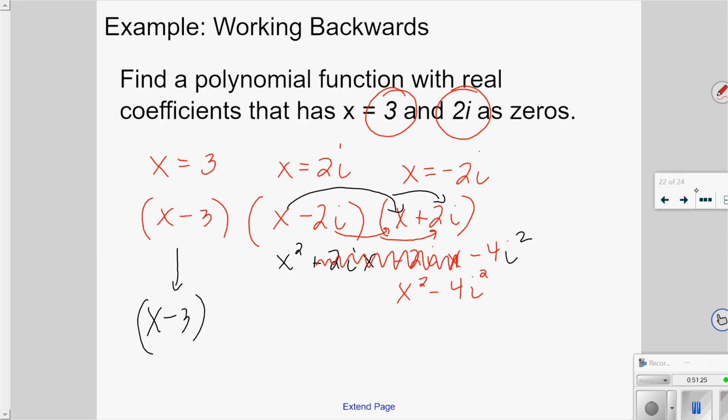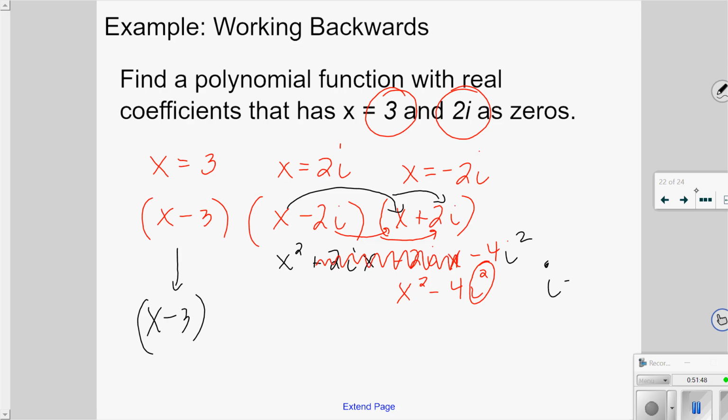All right, let's remember, what does i squared equal? So close. Negative 1. And here's the reason why it equals negative 1.